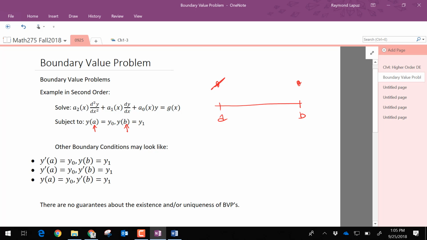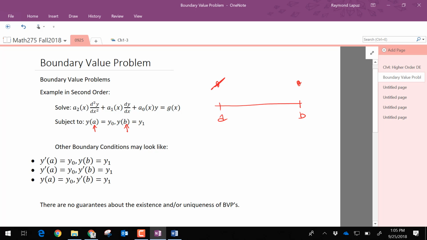Okay, so there's two conditions that we need for this second order differential equation. First of all, it's going to be at the boundaries, and then at each of those boundaries it could be a point or it could be the slope at those boundaries. And so you'll have four combinations for a second order differential equation.